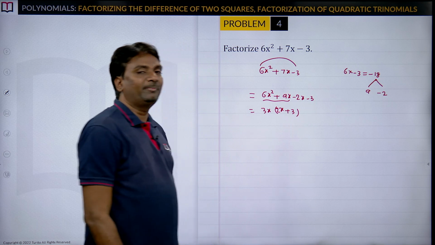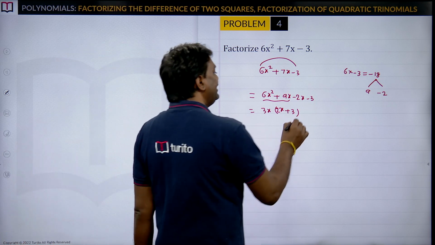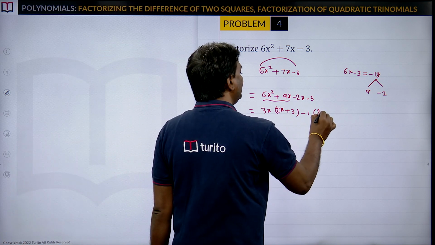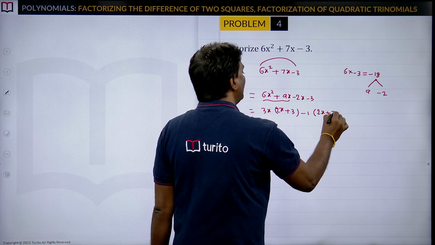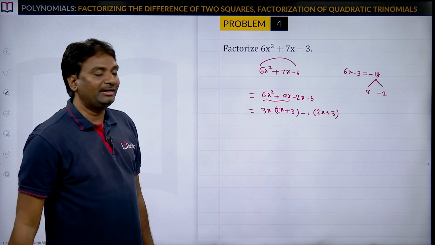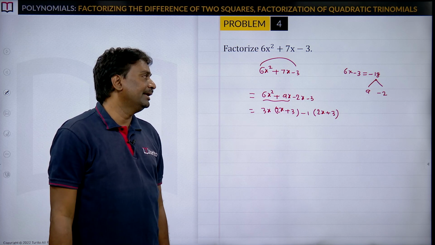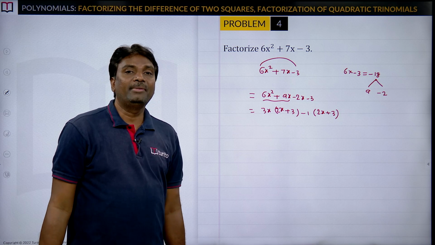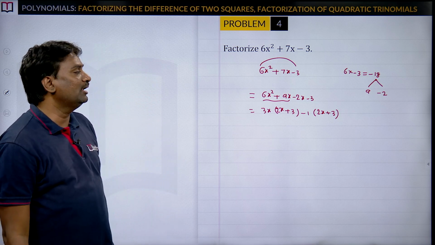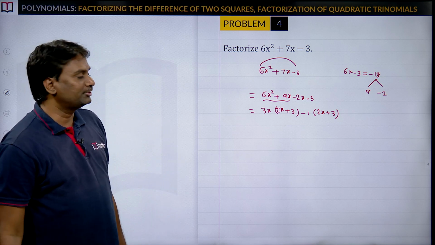From minus 2x minus 3 we can take minus 1 as common. So, we can write minus 1 of 2x plus 3. So, by taking 3x as common from the first two terms, 3x of 2x plus 3. By taking minus 1 as common from the last two terms, minus of 2x plus 3.